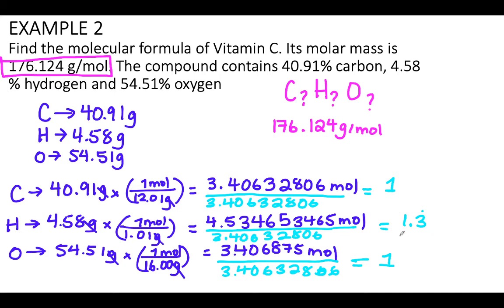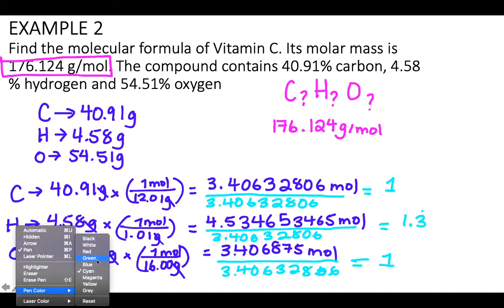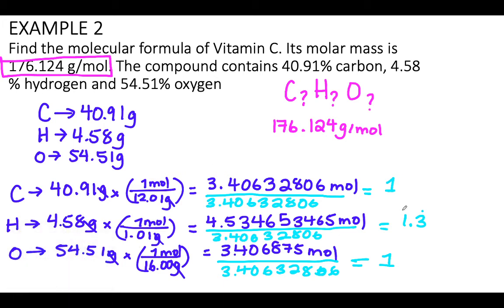Now what I have to do. So these technically give me the ratio between carbon, hydrogen, and oxygen. I cannot express this as the formula quite yet, because as we learned in our previous video, if you've got a number that's a decimal like 0.3333, I have to convert that into a whole number. And the only way that I can do that is to multiply it by 3.